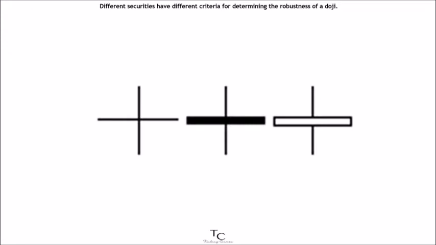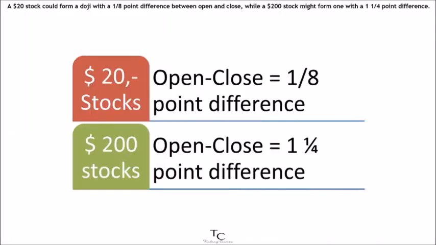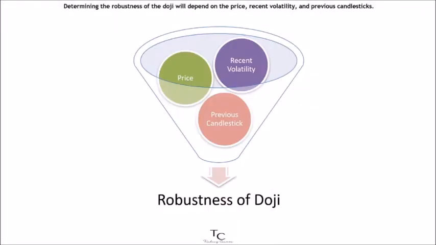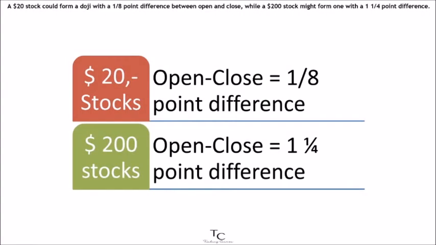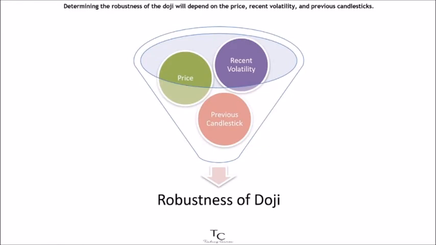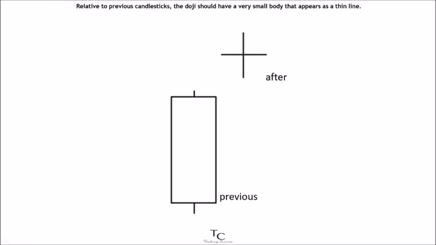Different securities have different criteria for determining the robustness of a doji. A $20 stock could form a doji with a 1/8 point difference between open and close, while a $200 stock might form one with a 1¼ point difference. Determining the robustness of the doji will depend on the price, recent volatility, and previous candlesticks.